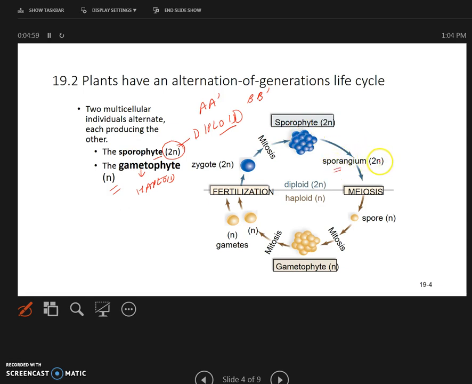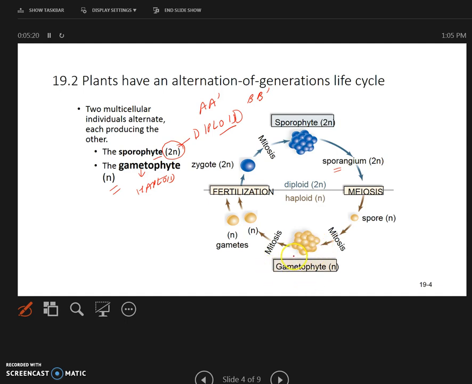A spore is a haploid reproductive cell, and this will develop into a new organism without needing to fuse with another reproductive cell. It undergoes mitosis, and this becomes a gametophyte.